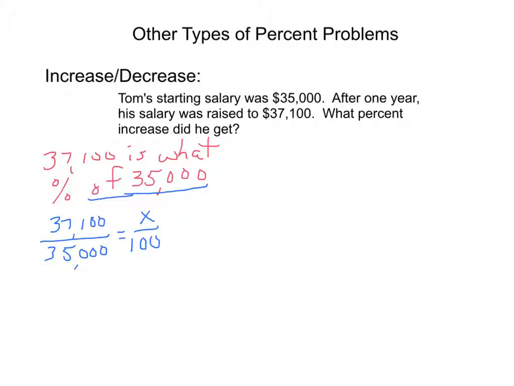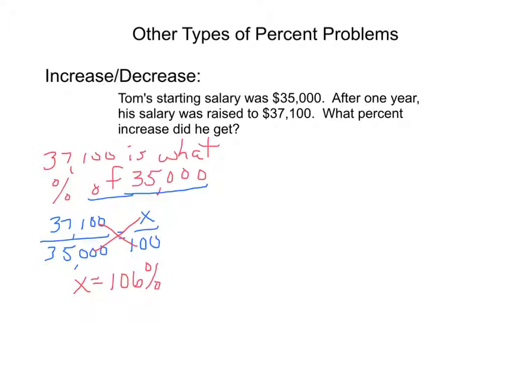Now, I'm not going to take the time to actually go through and do the math here, but by cross-multiplying, you can figure out what x is, and in this particular case, you get x is equal to 106. So it's 106%. However, the answer to this is not 106% increase.